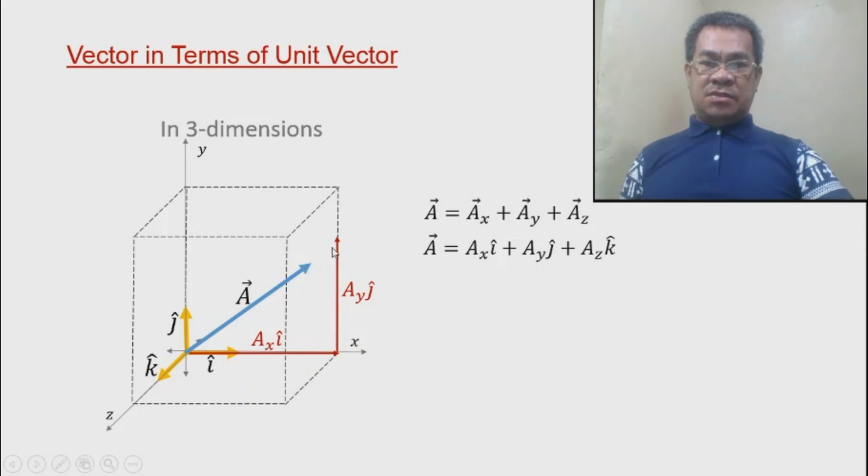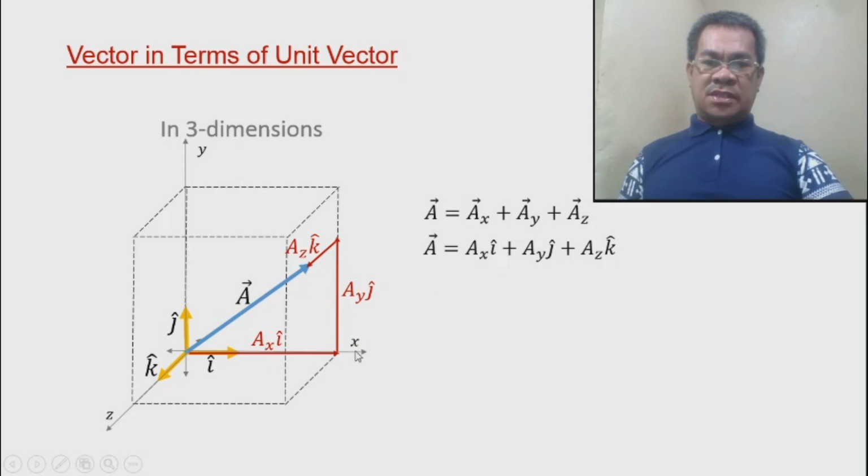This is positive, so the positive is towards us, and this should be parallel to this line because this is the z direction, so therefore this should be Az k hat. So this is the graphical presentation of this vector.